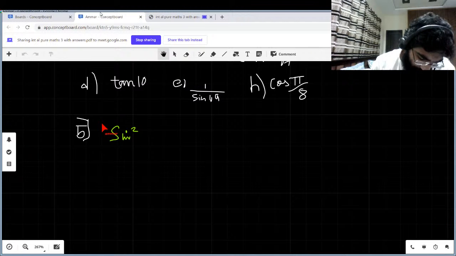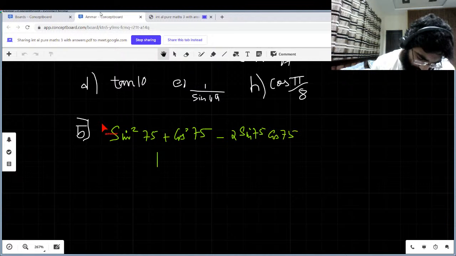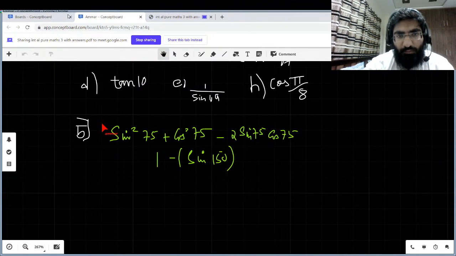Okay, yeah. So sine squared 75 plus cos squared 75 will become 1, and minus sine 75 into 2, what is that? I don't know math, you do it. 150. Yes. Okay.